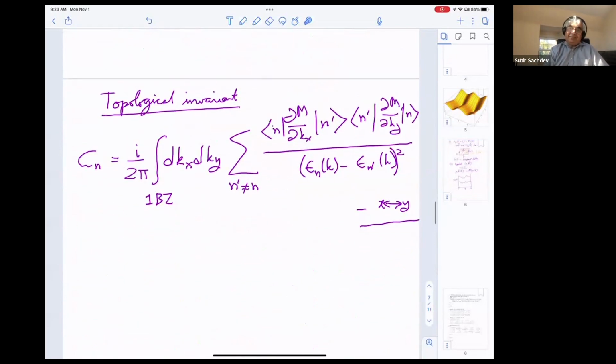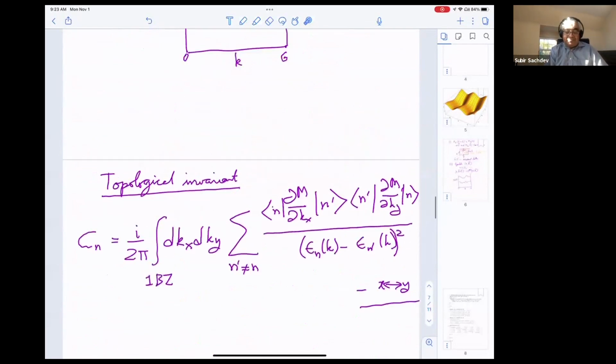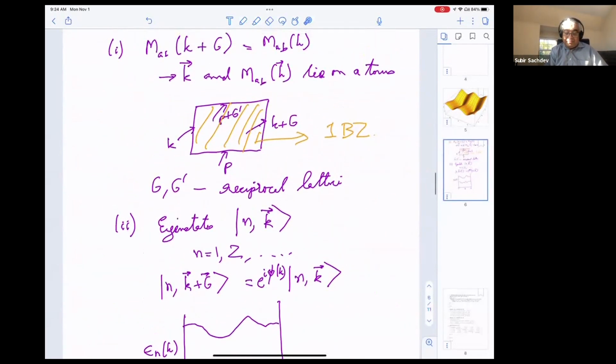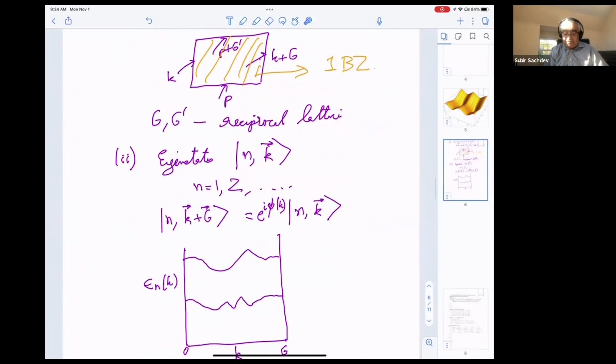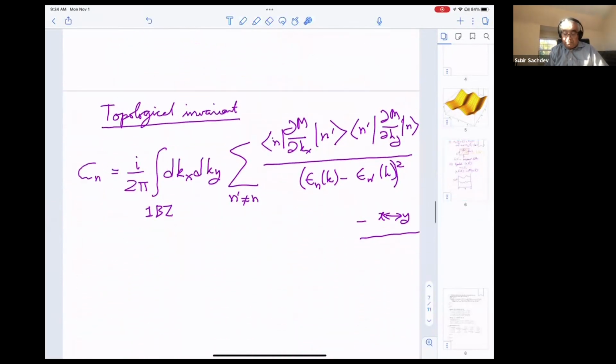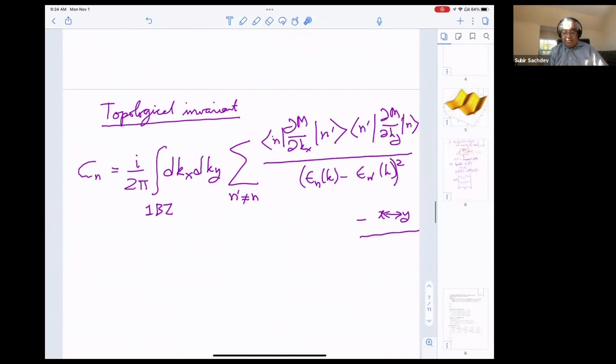And furthermore, it's always an integer. The integer property follows from the periodicity of the Hamiltonian in the first Brillouin zone and the arbitrariness of the phase by an overall factor. First of all, let's make sure that at least it has the possibility to be an integer.